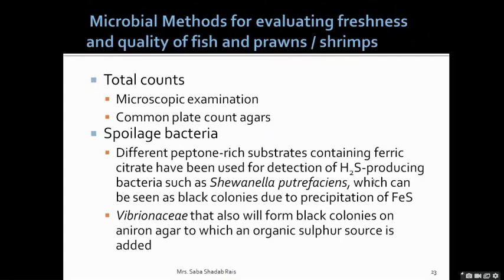This is one of the very potent factors in fish spoilage. It not only completely destroys the nutritive value of the fish, but it also causes poisoning in the person consuming that fish, or it can even cause the death of the person if the microbes are present in the fish.